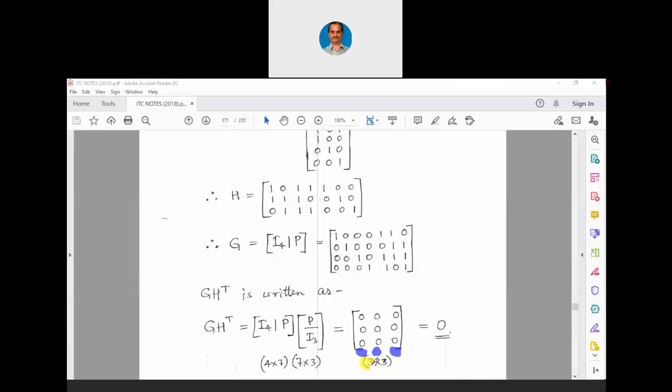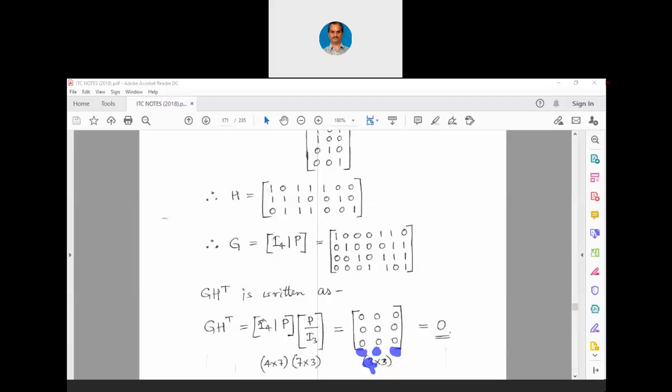Now this should be 4 cross 3. Let me erase this. Okay, so this is now 4 cross 3.